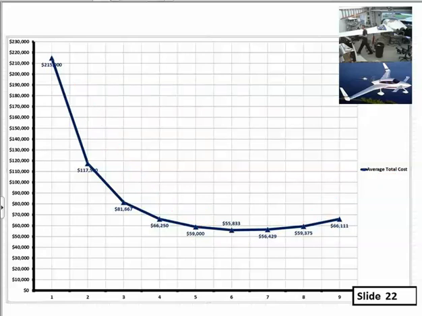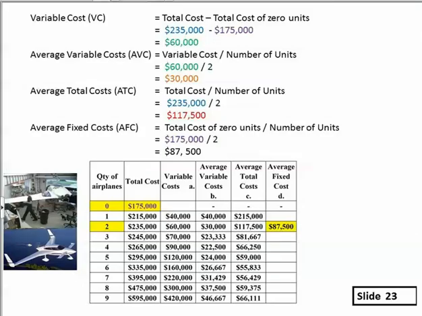Continuing on. Now, we have one more column here we need to compute, and that is our average fixed cost. Remember, the fixed cost is how much expense we have when we don't produce anything. And then we divide that number by how many we're producing. So we're going to divide our fixed cost by how many we produce to get our answer.